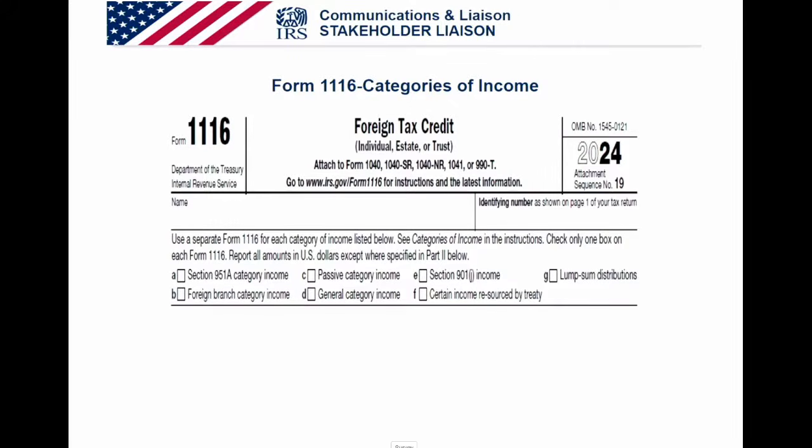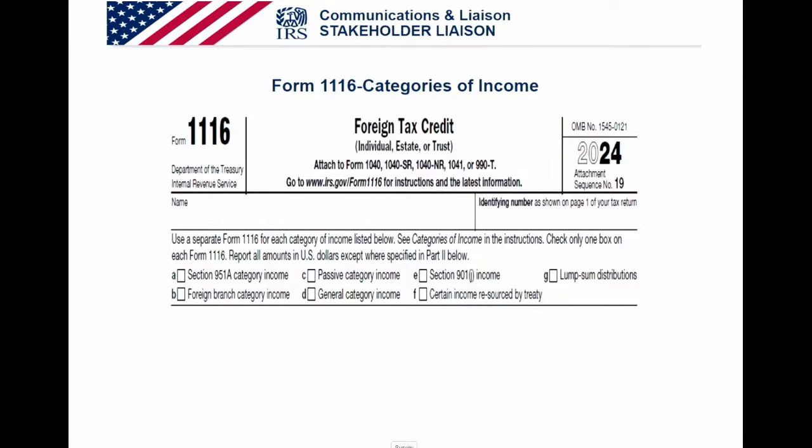Also, in general, limited partners who own less than 10% of the value in a partnership will treat their distributive share of partnership income from the partnership as passive income. And then we have category D, which is general. Internal Revenue Code 904 defines general category income, and it includes most types of earned and passive income that do not fall into another separate category.